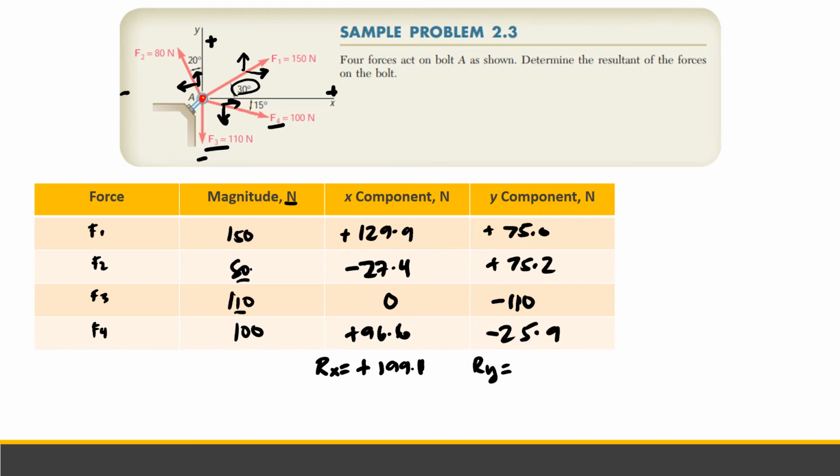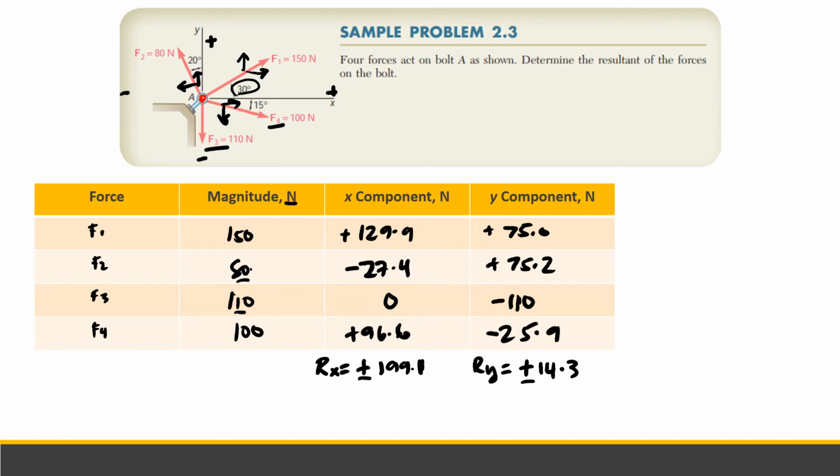So what remains is positive 14.3 Newton. With the signs both positive, meaning the resultant is somewhere in the first quadrant.